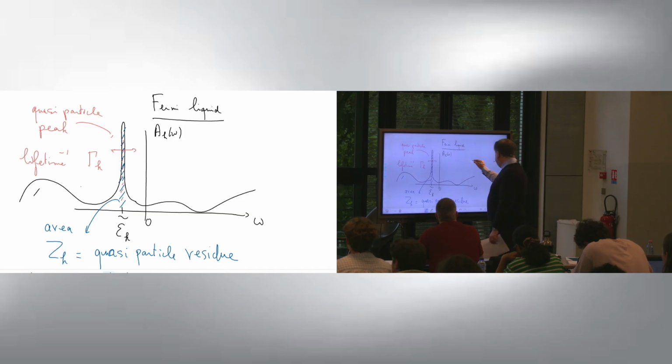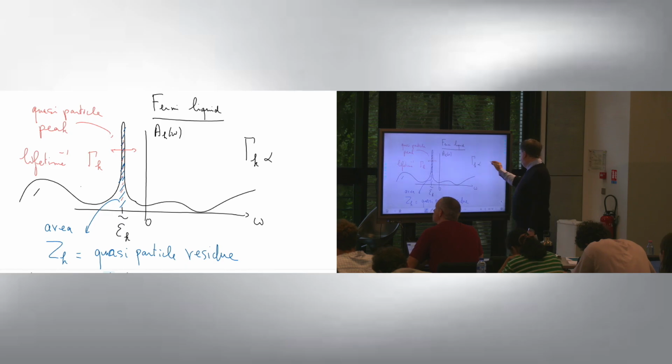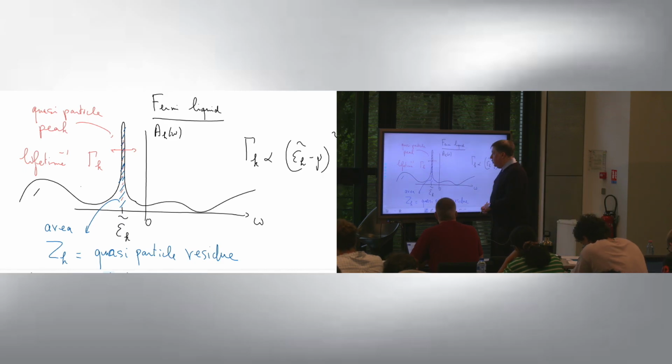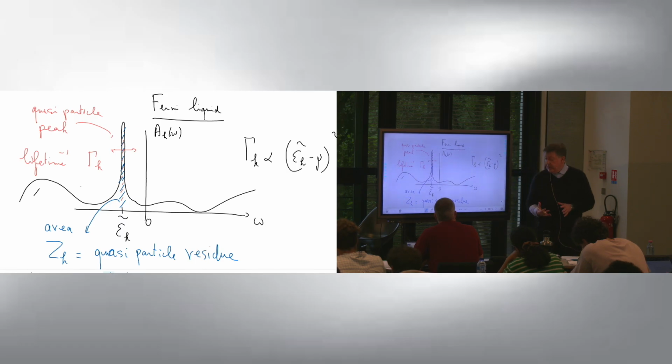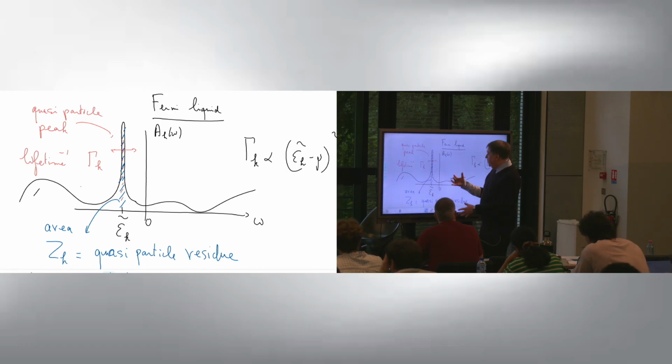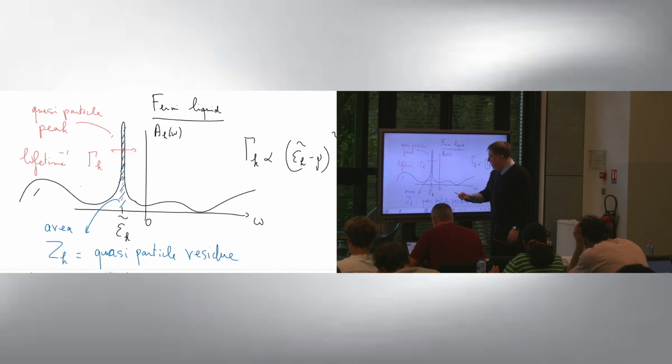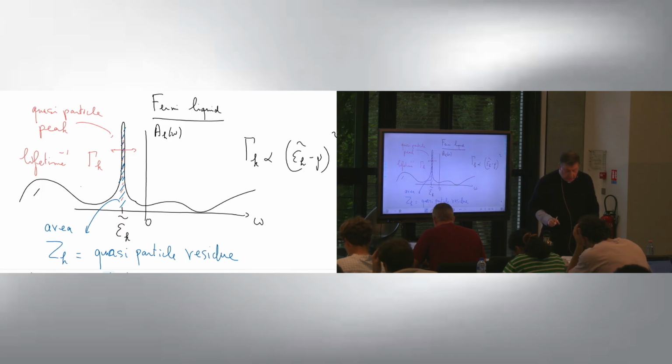The point is that the lifetime gamma_k is proportional to (epsilon_k tilde minus mu) squared. Right? So the spectral function encodes the properties of the quasi-particle in the Fermi liquid in this way, because if we understand the structure of A, we can extract the quasi-particle residue, the lifetime, and as we will see, the renormalized position of the Fermi surface.